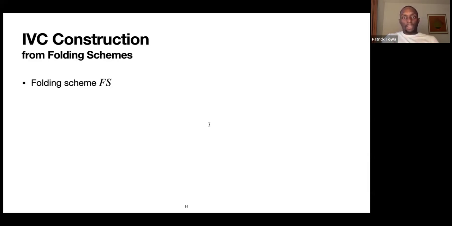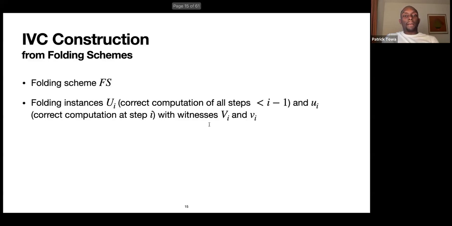So we start with some folding scheme, FS, and there are going to be two instances for some relation. There's an instance capital Ui, which is an accumulator, and it attests to the correct computation of all the steps before the previous one. So you had step i, and capital Ui attests to the correct computation of all the steps before i minus 1. And lowercase ui attests to the correct computation at step i minus 1.